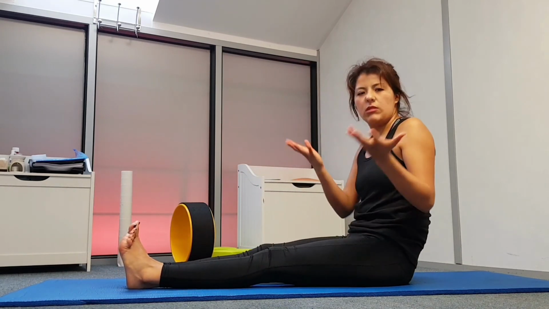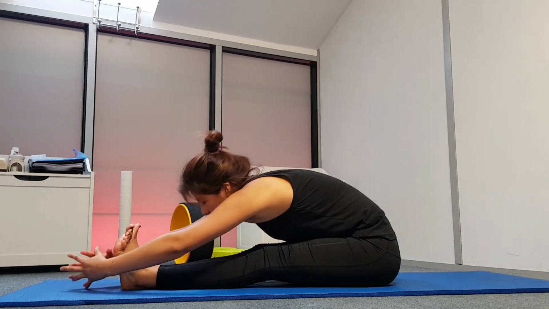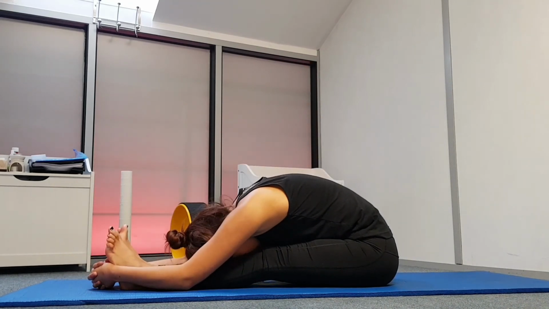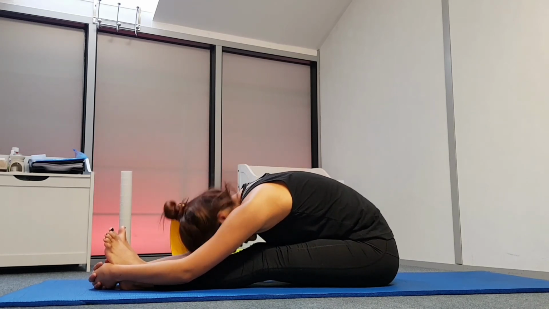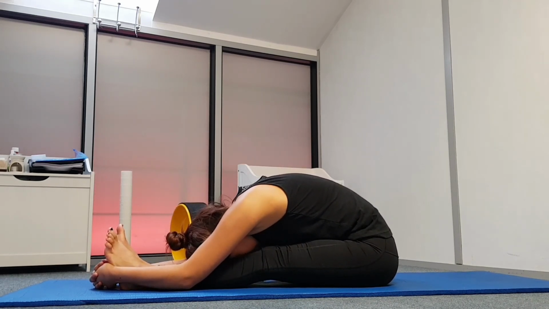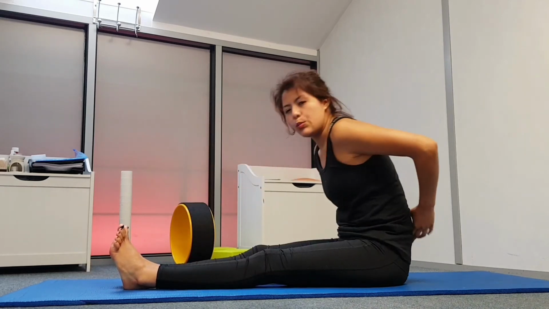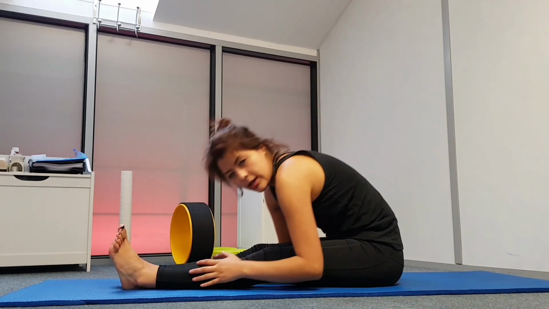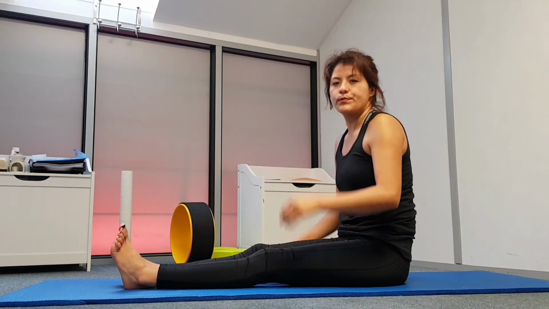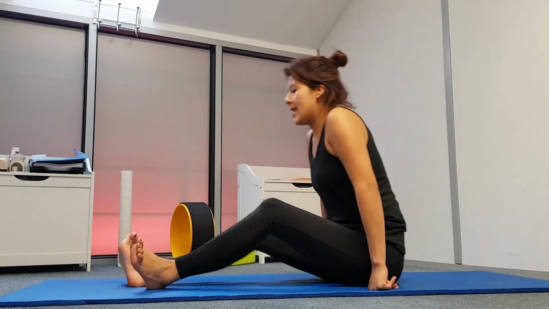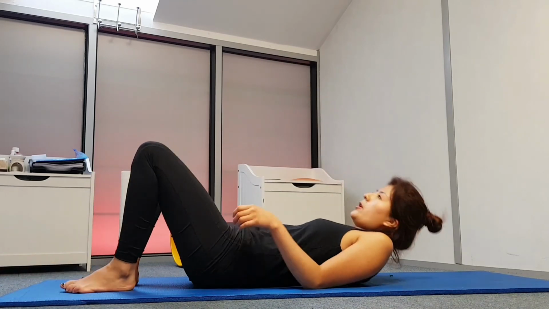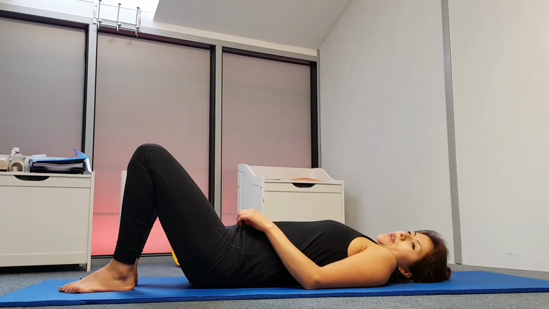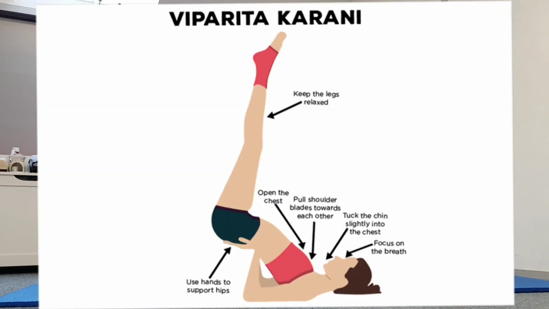Or if you want, you can interlace your fingers as long as you feel comfortable, but important: work your abs, feel the contraction. Here you are improving the curvature, okay? You are stretching. So, the next yoga stretch for hyperlordosis will be Viparita Karani, okay?